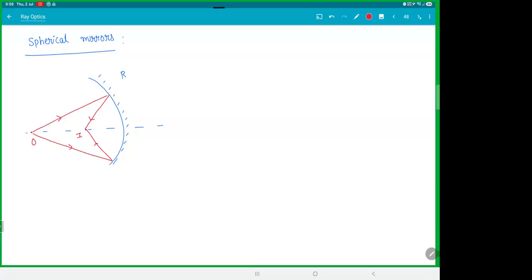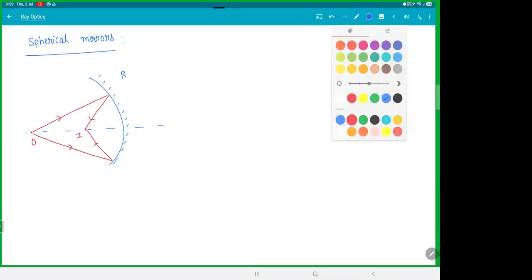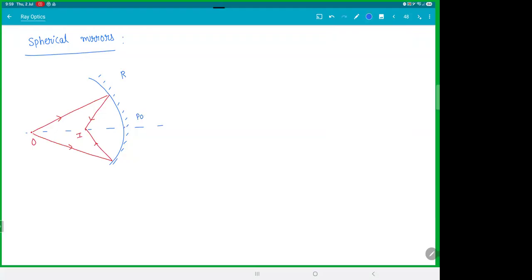This is the image. One by V plus one by U is equal to one by F. That's your formula. You need to write, remember them. You can write it down. F is equal to R by 2, the focal length, where R is the radius of curvature.